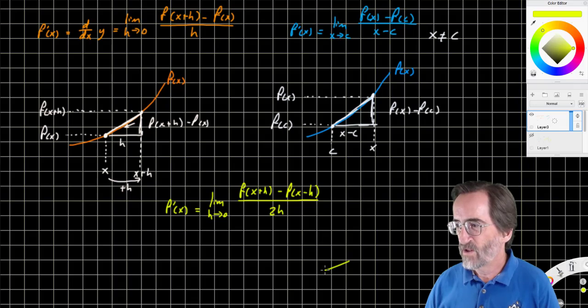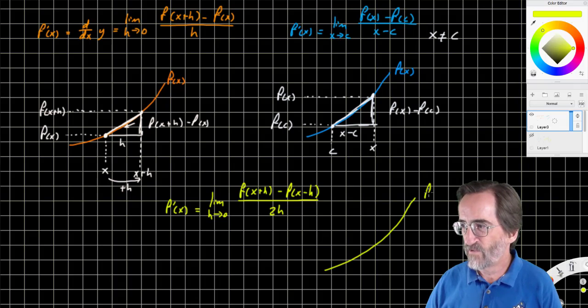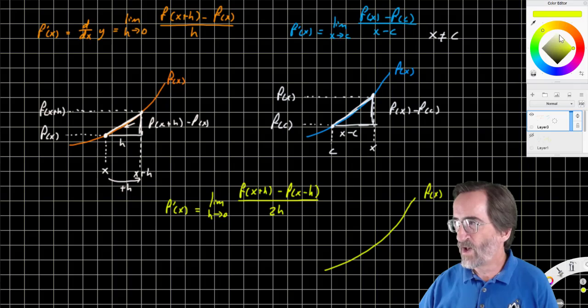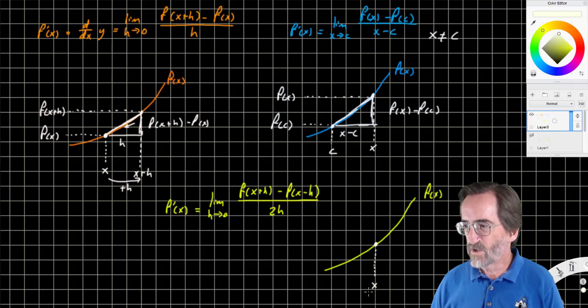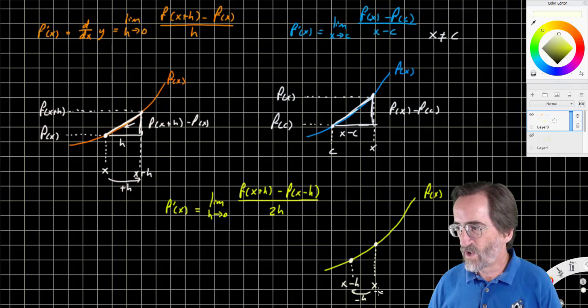And that's built on this. We have some function f of x, and some value x that we're looking at. What we're going to do is go to the left h, so we take away h, x minus h, and input that. And we're going to go to the right h as well, and input that. This is x plus h.